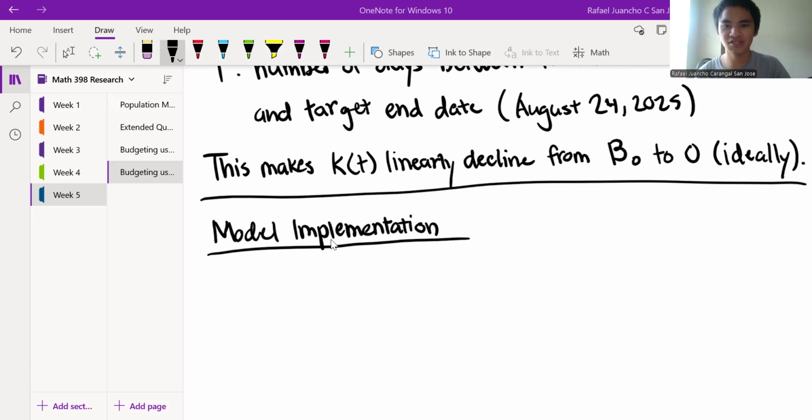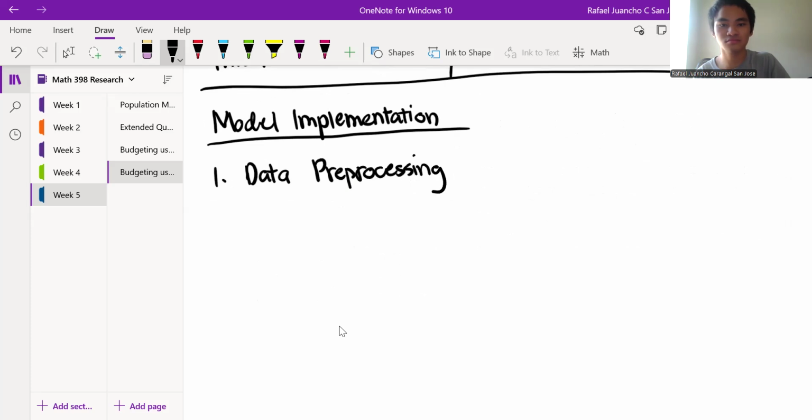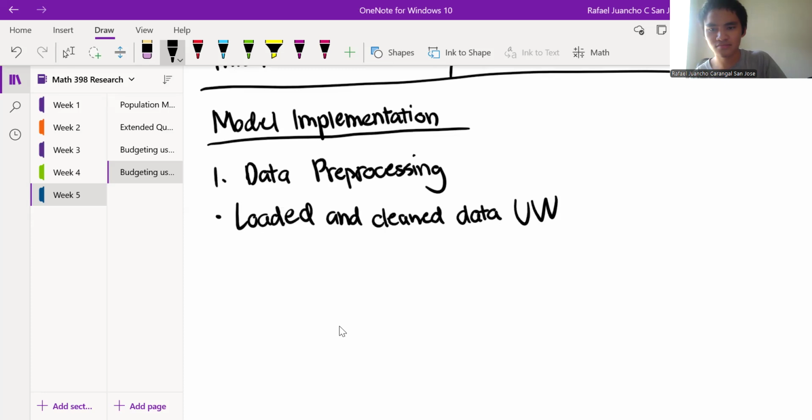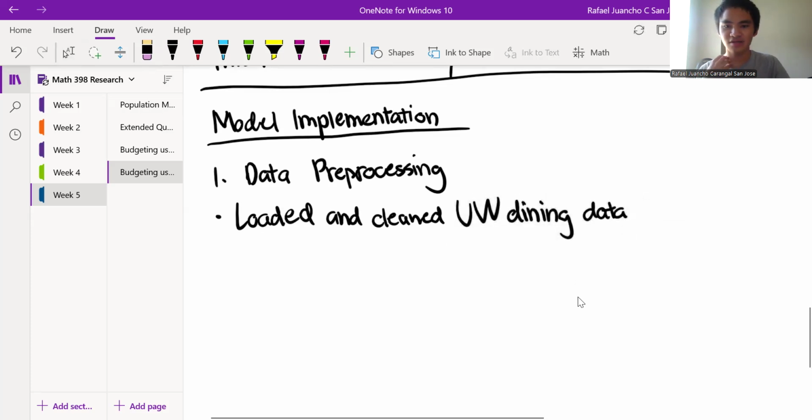So data pre-processing, that's one thing I did. I basically loaded and cleaned the data, so all of that coding stuff. I loaded and cleaned UW dining data.